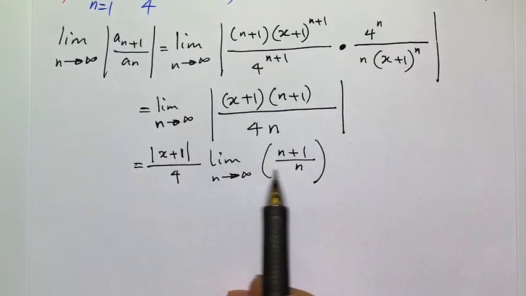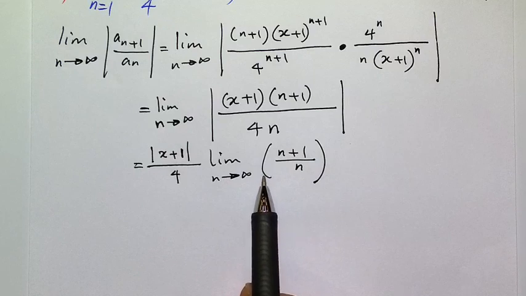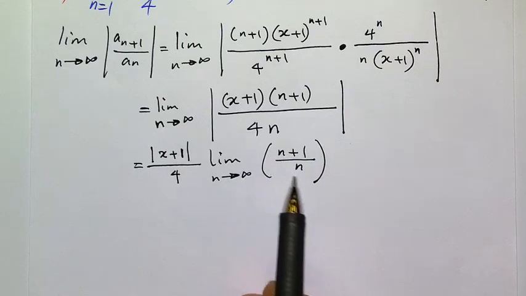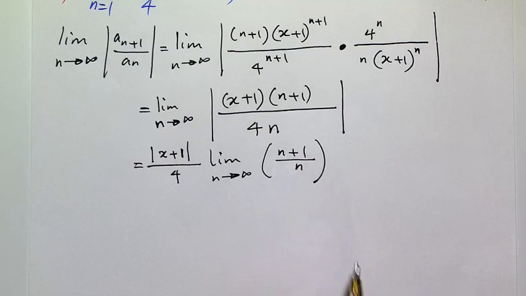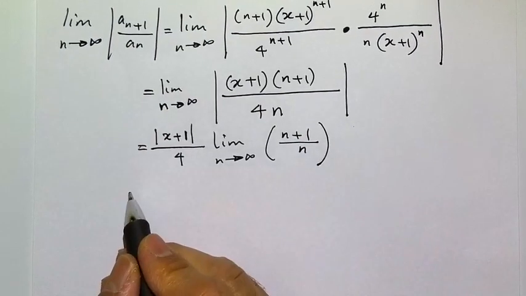Just to be able to apply the limit easier, we can divide n by n is 1 plus 1 over n. Okay, so let's do that.